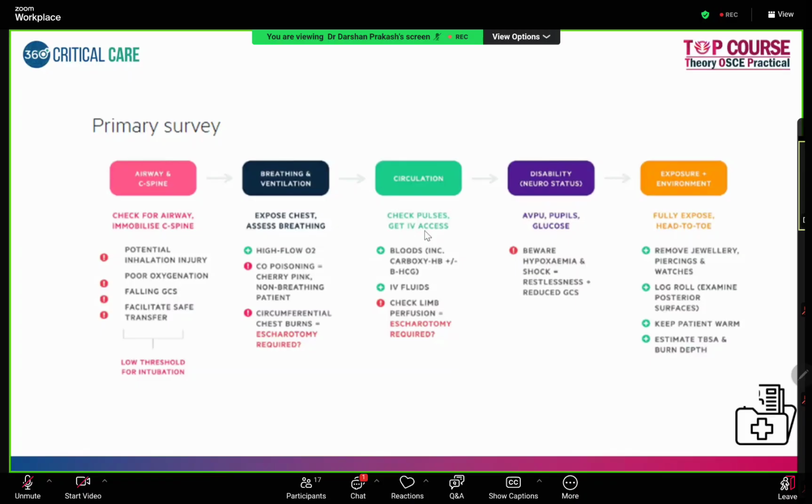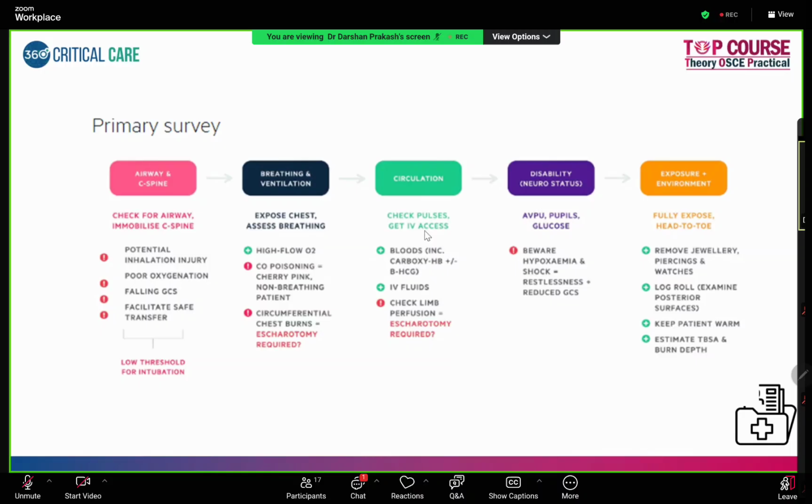Okay. Look for any distracting injuries, if at all present, like in any other case of trauma. Okay. Always check the GCS score on arrival, documented. Look for other type of injuries, along with burns injury, probably fracture, probably any other injuries associated with burns.